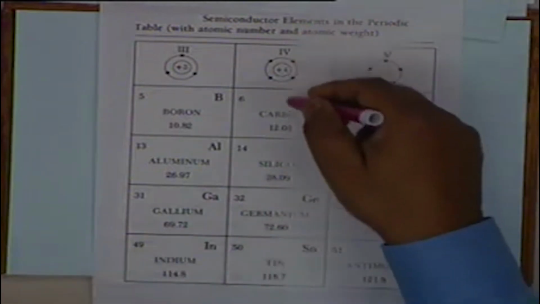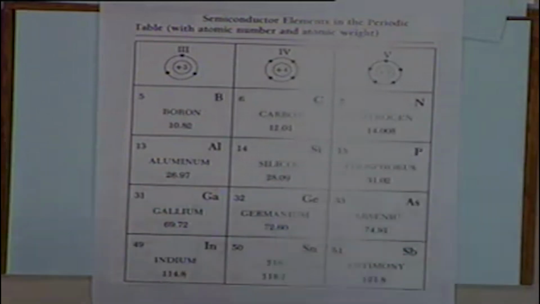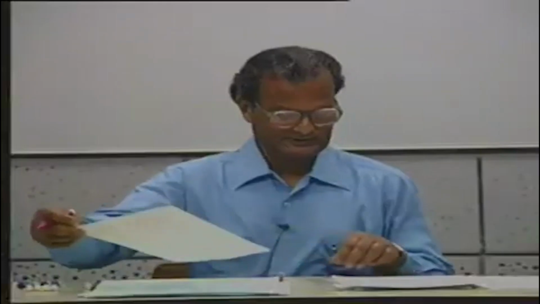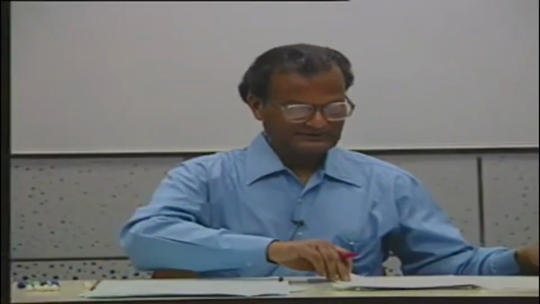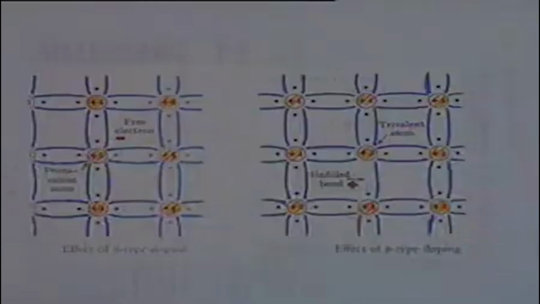We are considering what happens when a pure silicon crystal is doped with a small amount of trivalent or pentavalent impurity. And this picture tells us what happens. Well, what happens is the following.